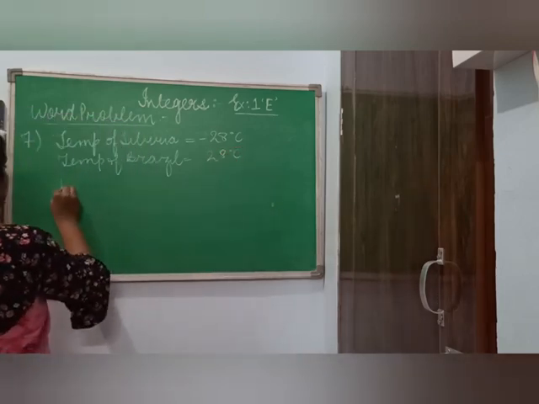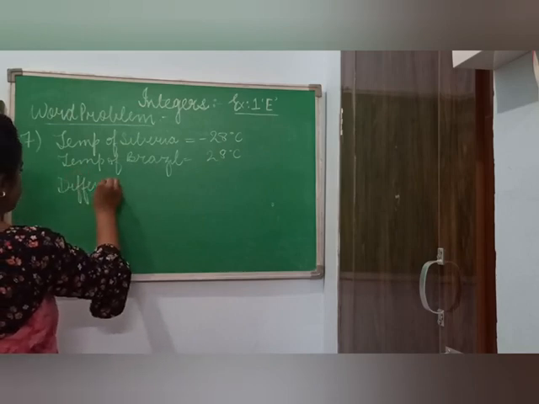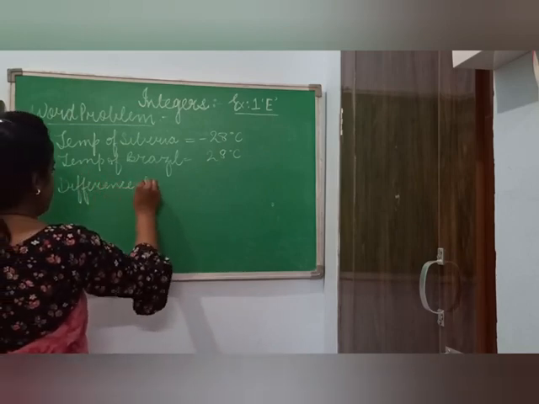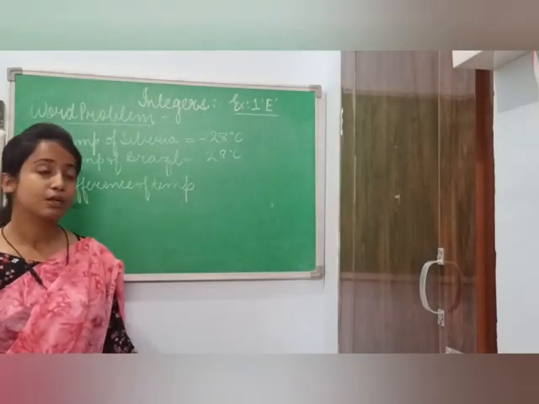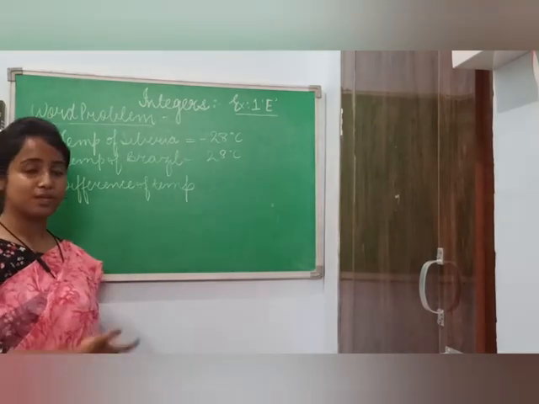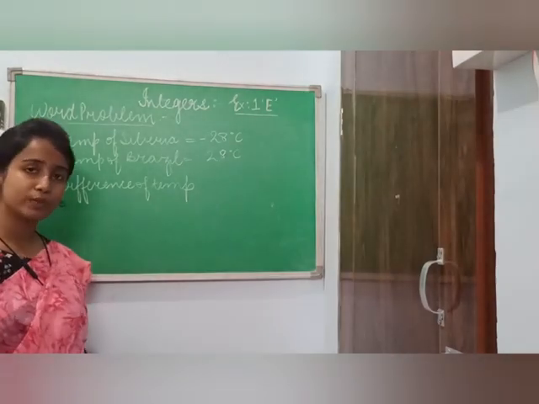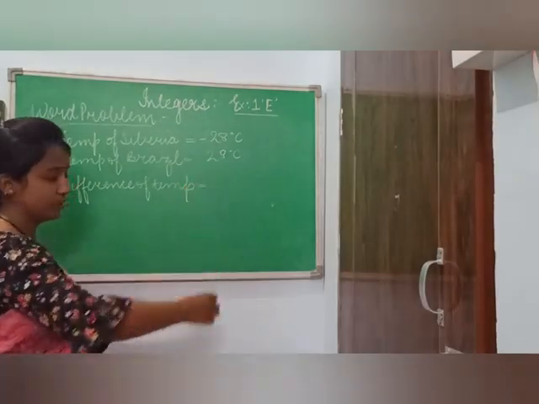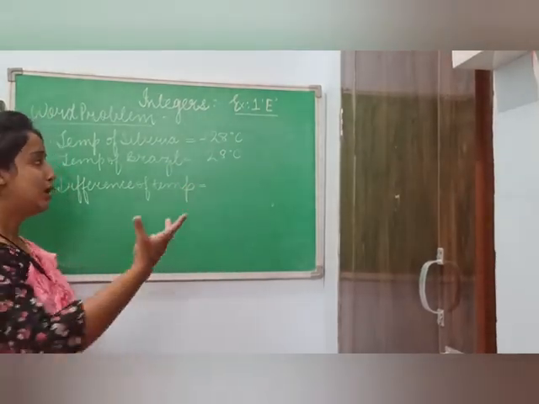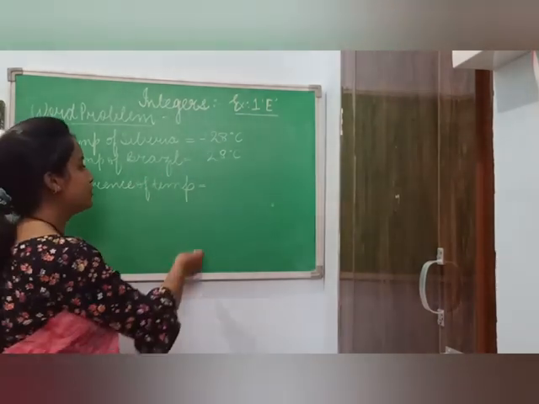Now we have to find out the difference of the temperatures. The temperature of Siberia is minus 28 degrees centigrade and the temperature of Brazil is 28 degrees centigrade. So we have to find how much difference there is between the temperature of Brazil and the temperature of Siberia.